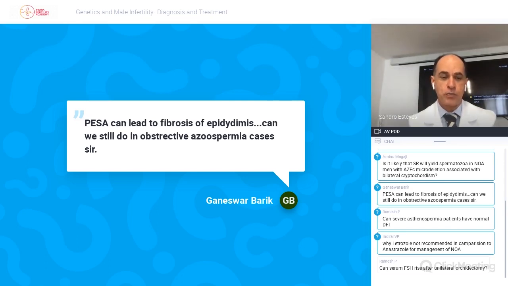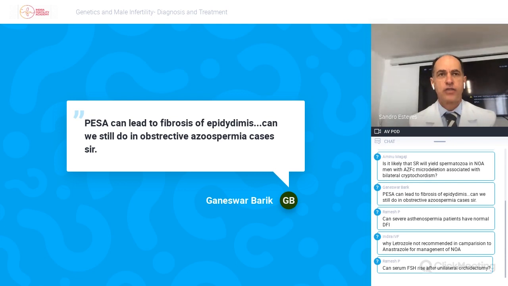The intervention is bigger, because we need to open the epididymis using the microscope to identify the best epididymal tubule to open and collect the fluid. Then I can move from one tubule to the other, and collect quite a lot of sperm for freezing, making it very easy for the laboratory to plan the ICSI cycle with the frozen-thawed epididymal sperm, which provides very good results.